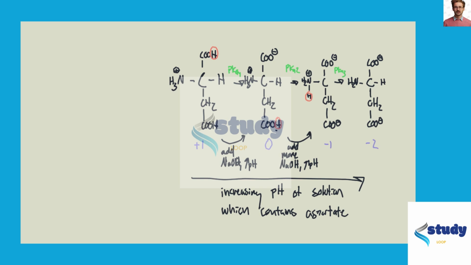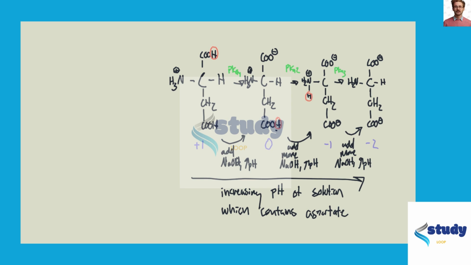And finally, if we increase the pH even more by adding even more sodium hydroxide, this is just an example, by the way, the sodium hydroxide, further increasing the pH, eventually we'll be able to strip the proton off of our ammonium. Okay, so that's all that's going on here.